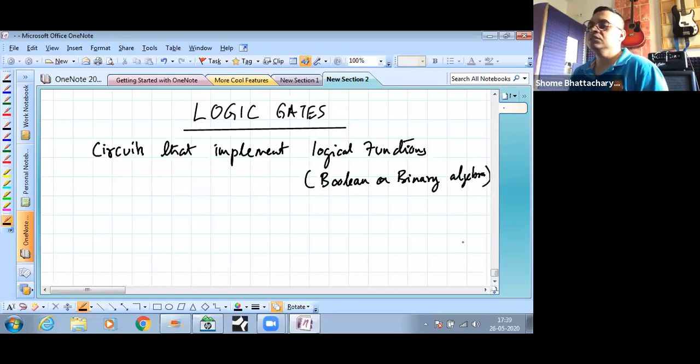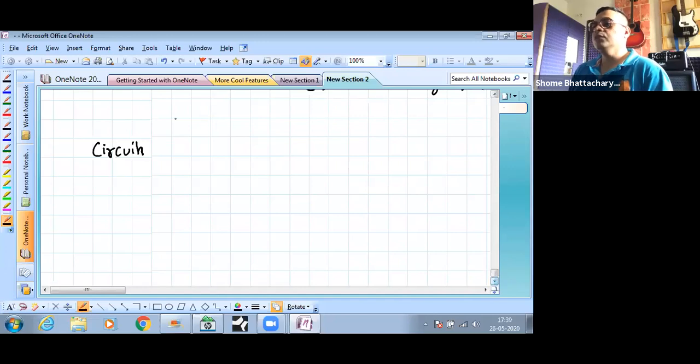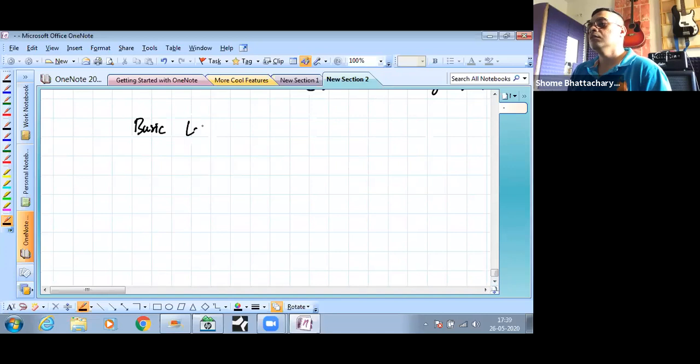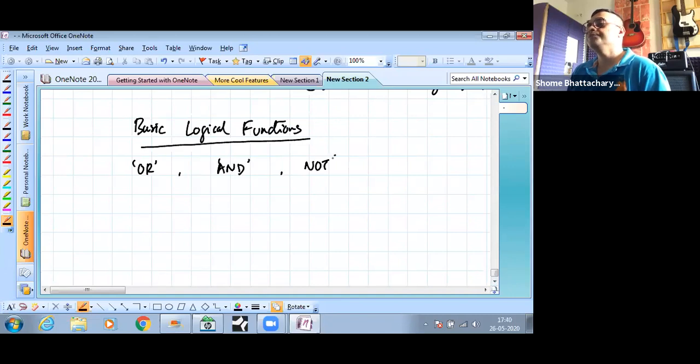They implement these. So these are electrical circuits that are able to carry out calculations which are based on logical functions. So first we need to understand the basic logical functions and then their corresponding circuits. So there is the OR function, the AND function, and the NOT function.